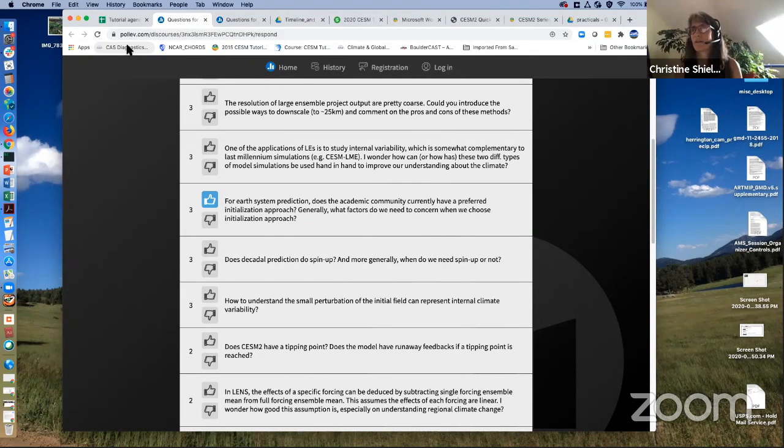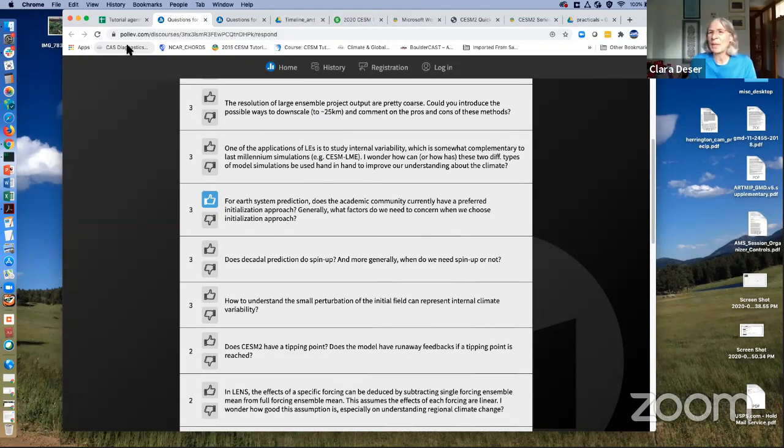I think Yaga sort of covered the next couple questions too, about the spin up and the small perturbations in the initial field. So if anyone has any more questions, or if there's confusion on any of this stuff, please speak up.